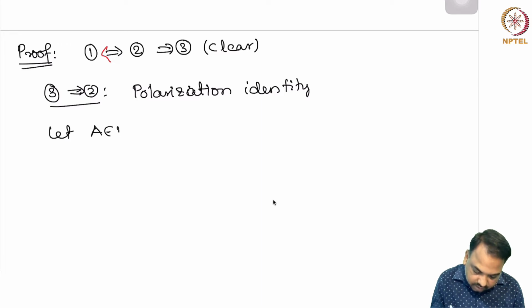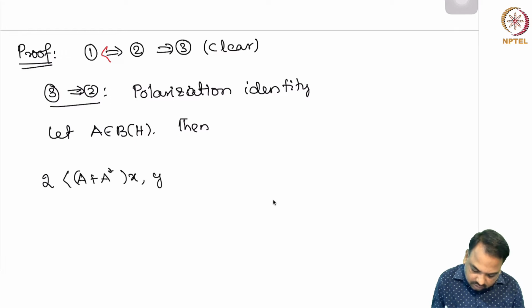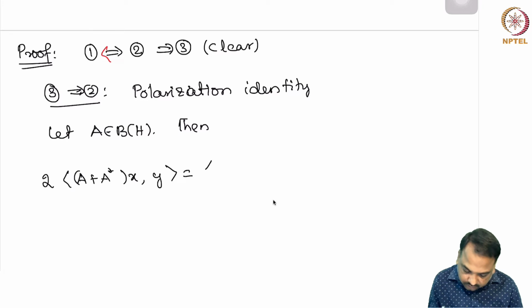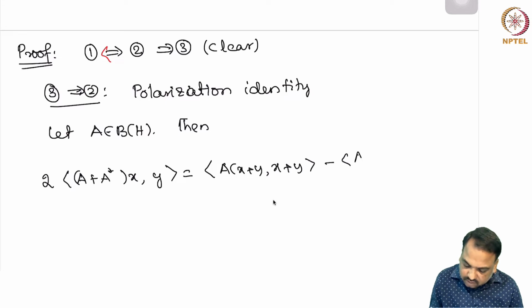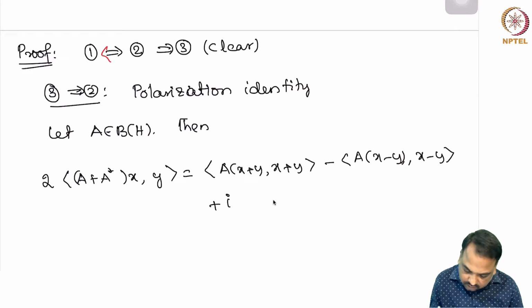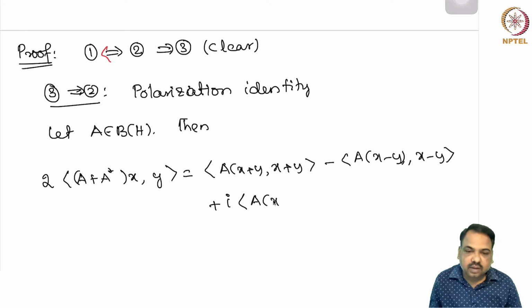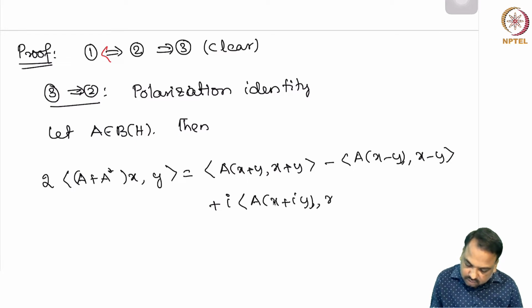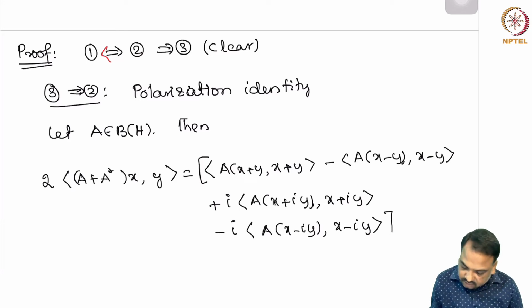So it says that let A be a bounded operator on H. Then we can say that 2 times the inner product of (A plus A star) x with y is nothing but the inner product of A(x plus y) with (x plus y), minus the inner product of A(x minus y) with (x minus y), plus i times the inner product of A(x plus iy) with (x plus iy), minus i times the inner product of A(x minus iy) with (x minus iy). So this can be easily verified.